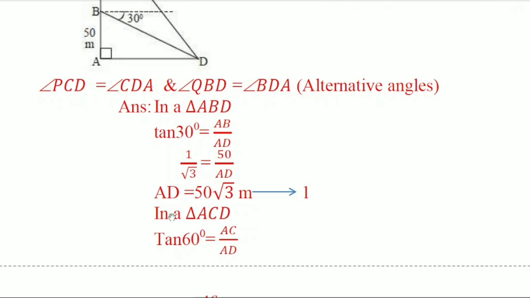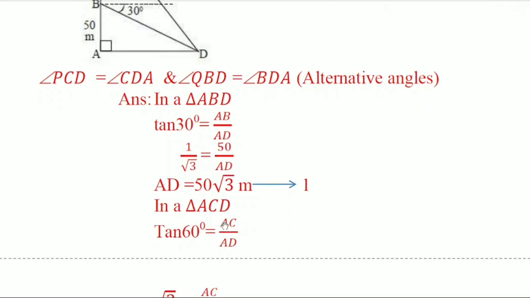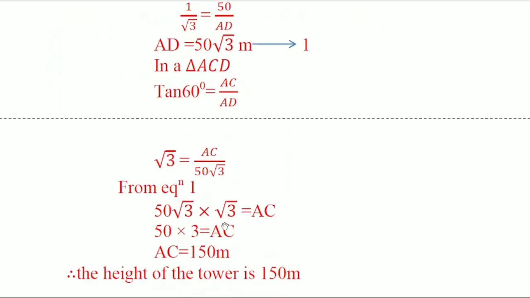Now I am considering another triangle, that is triangle ACD. In ACD, tan 60 equals AC by AD. We don't know the value of AC, so we should find the value of AC. Tan 60 is nothing but root 3. Root 3 equals AC by 50 into root 3.